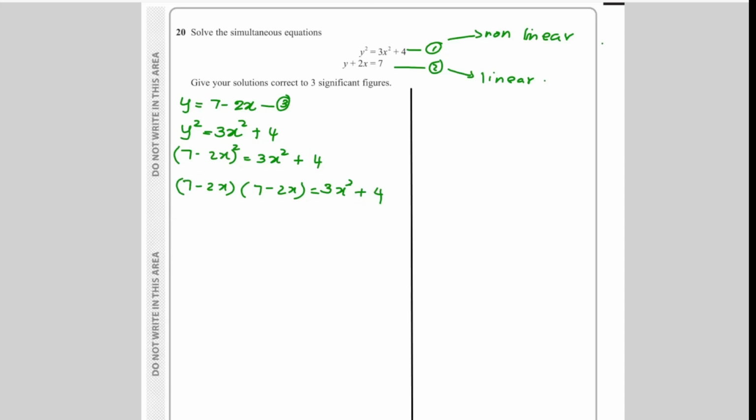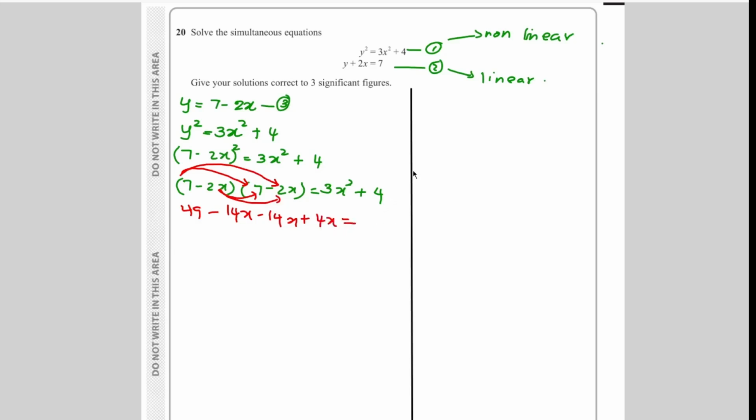So now let's expand the brackets. 7 times 7 becomes 49, and 7 times minus 2x becomes minus 14x. Here minus 2x times 7 becomes again minus 14x. Minus 2x times minus 2x becomes plus 4x squared.